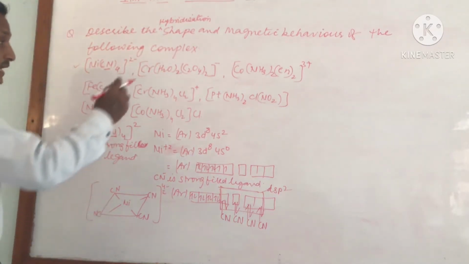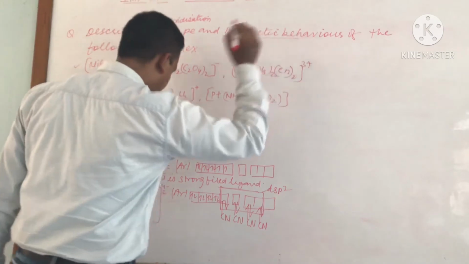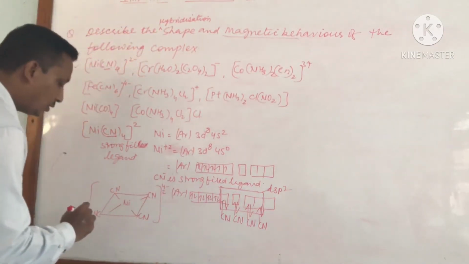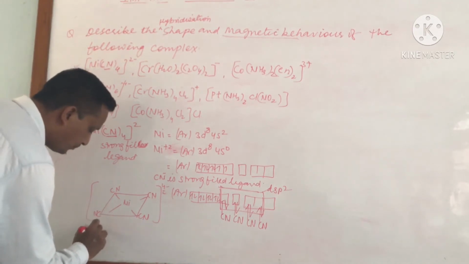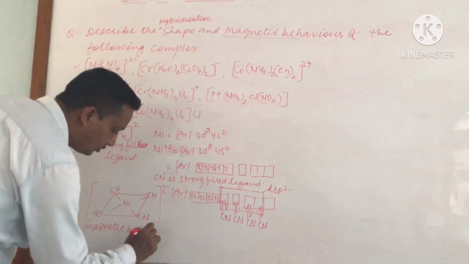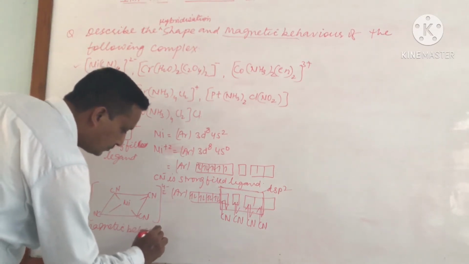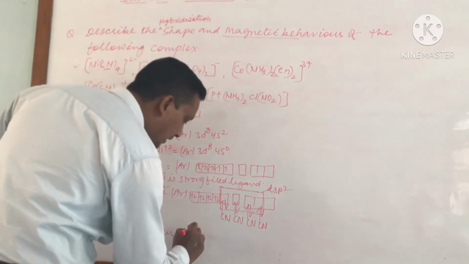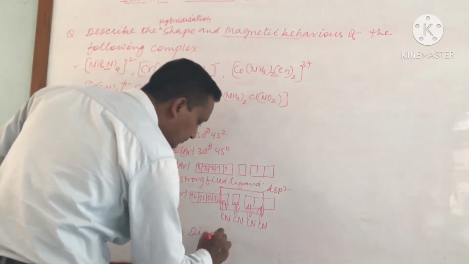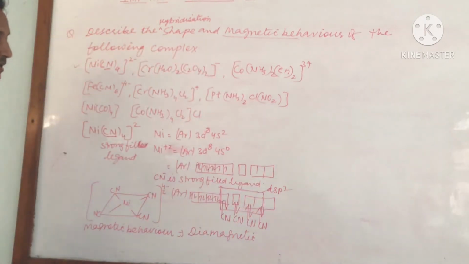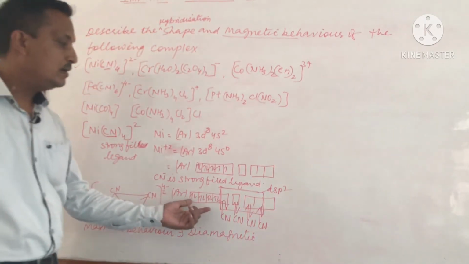And the next question is magnetic behavior. So what is the magnetic behavior? In this case all the electrons are paired, therefore it would be diamagnetic, because the electrons are paired.